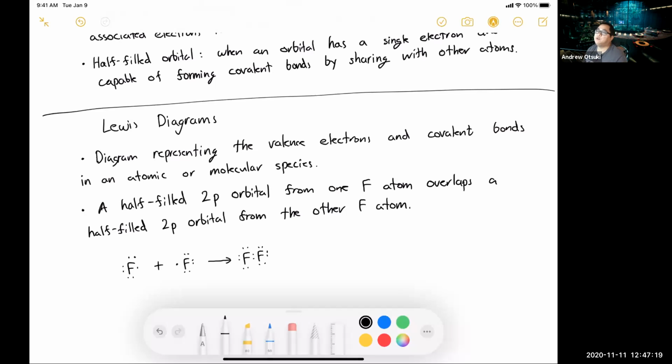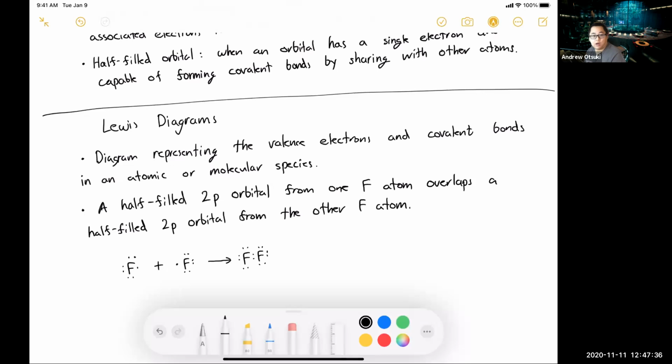When we form the F2 molecule, we should always count around each fluorine atom 8 valence electrons, so an octet of electrons. So each fluorine atom has 8 electrons. That's good.